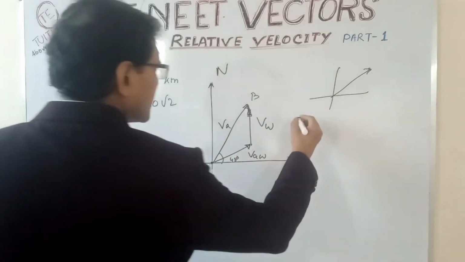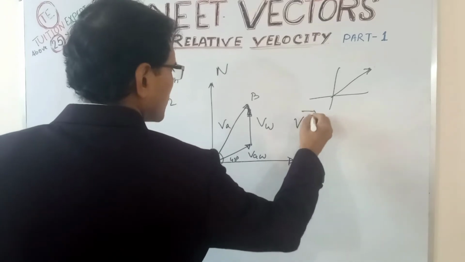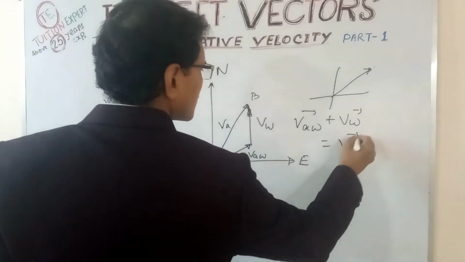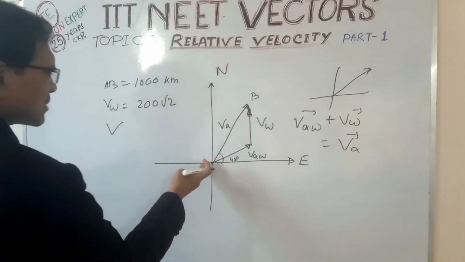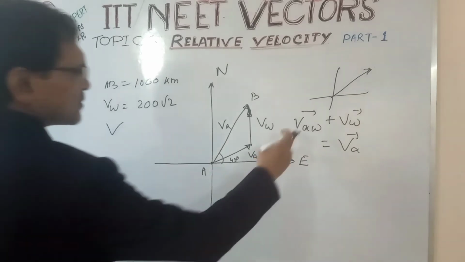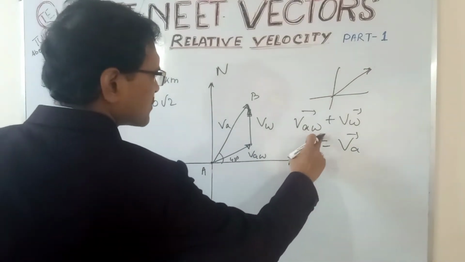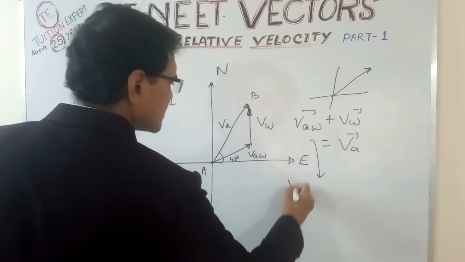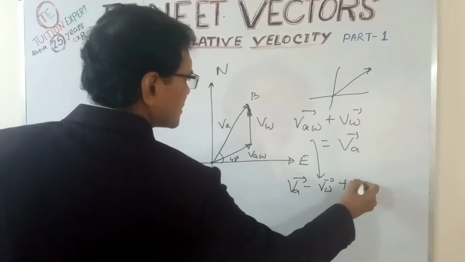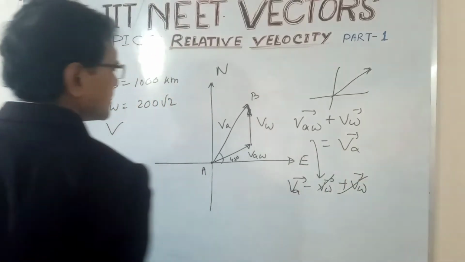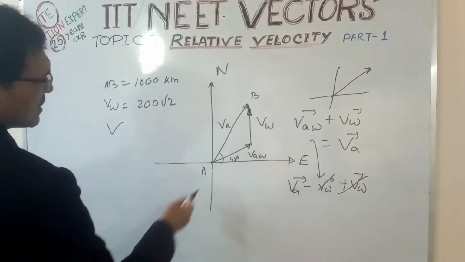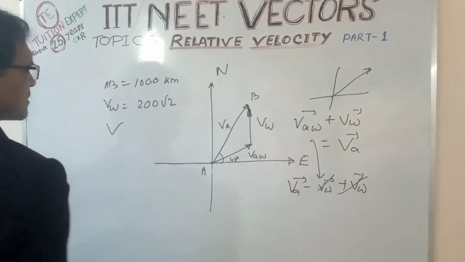We know VAW plus VW equal to VA. So we can apply the triangle: VAW plus VW equal to VA, because VAW means VA minus VW. This is actually VA minus VW plus VW which is cancelled, that is VA. So from the triangle we can also say that this plus this equal to this.